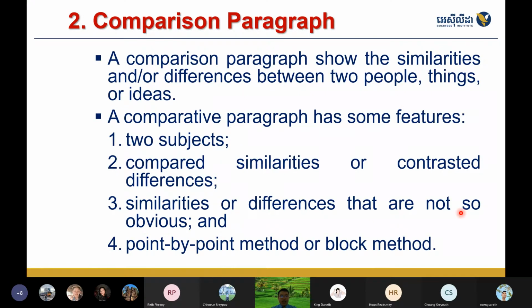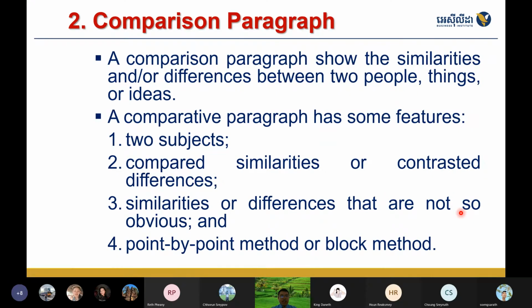Sometimes two people, two things, or two ideas have similarities, and sometimes they are contrasting differences from each other. And number 3, similarity or difference that are not so obvious.